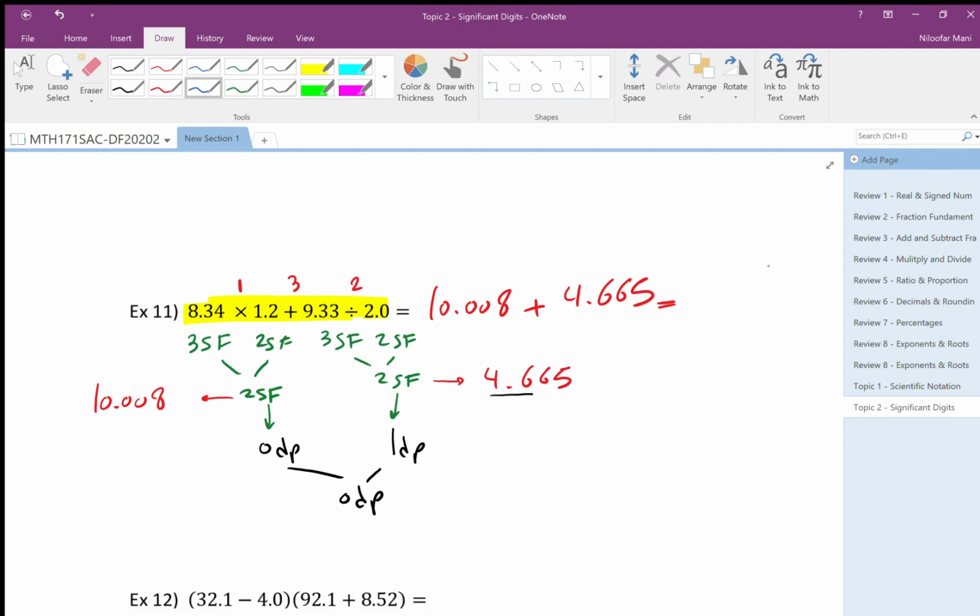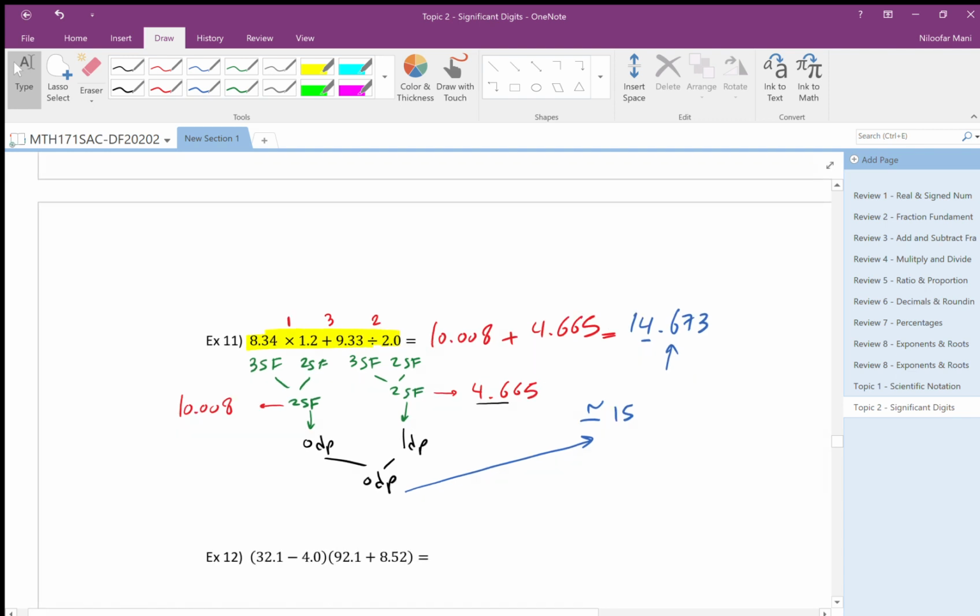The answer is 14.673. Okay, so I said 0 decimal place, so I underline that, I check that, it is almost 15. And yes, look at this, that's the answer.